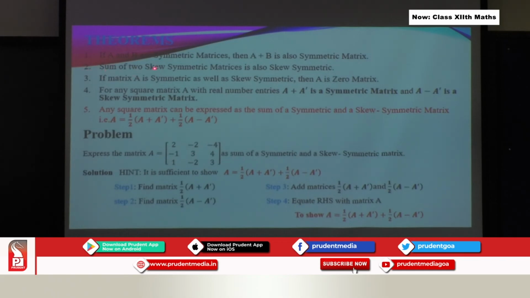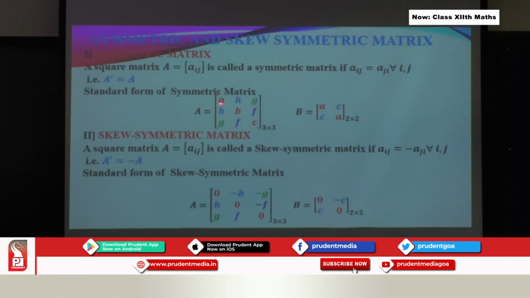Second one, the sum of two skew symmetric matrices is also skew symmetric. Third one, if matrix A is symmetric as well as skew symmetric, then A is a 0 matrix. Again, this is very important. If the given matrix satisfies both these patterns, then I would say the given matrix is a 0 matrix.